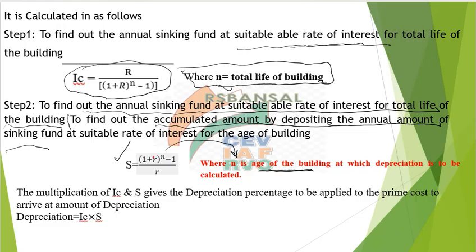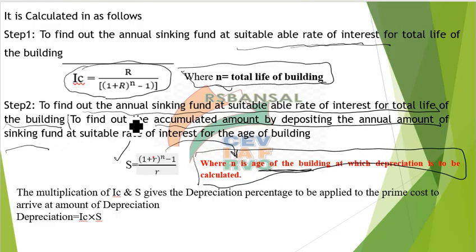But when you are calculating depreciation based on sinking fund, you remember that up to that year, how much sum has been accumulated as sinking fund. So there you will be using n as the age of the building in this formula. You find IC and S, and multiply IC into S, that will give you depreciation. If you have to convert it into percentage, you can multiply it by 100, if depreciation in percentage is required.